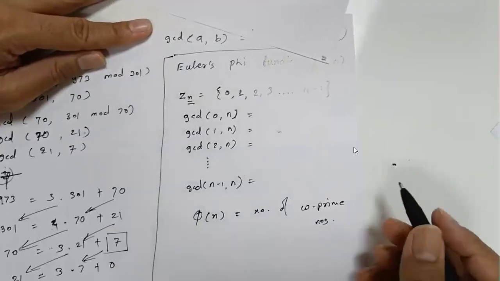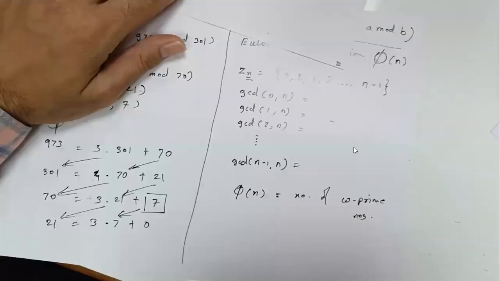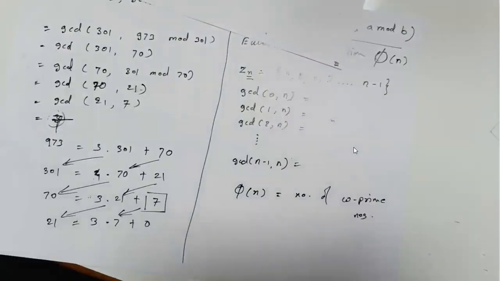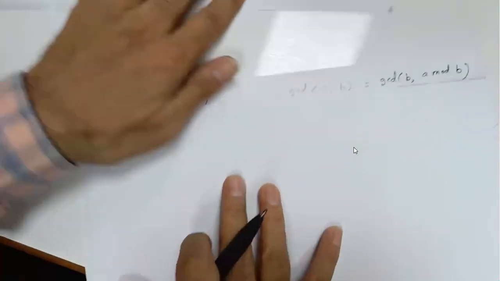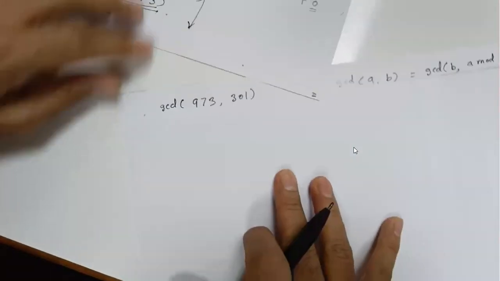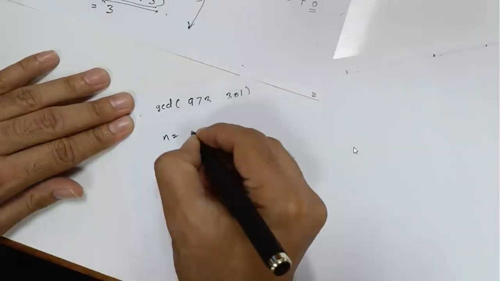Okay, so let me give you the example directly. Let us take the value of n as 6.